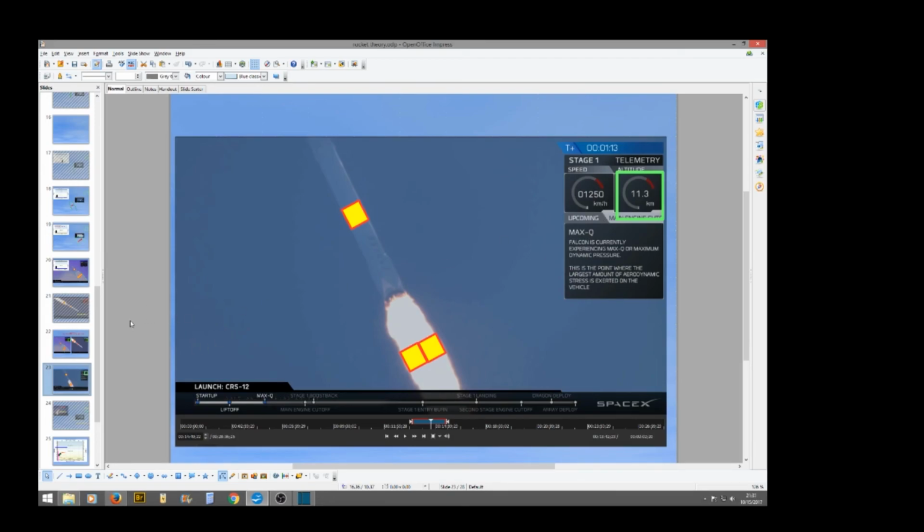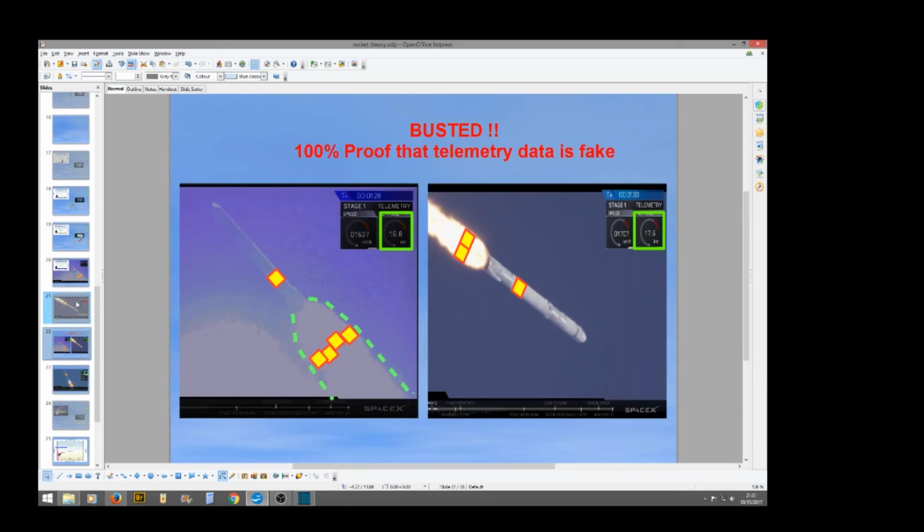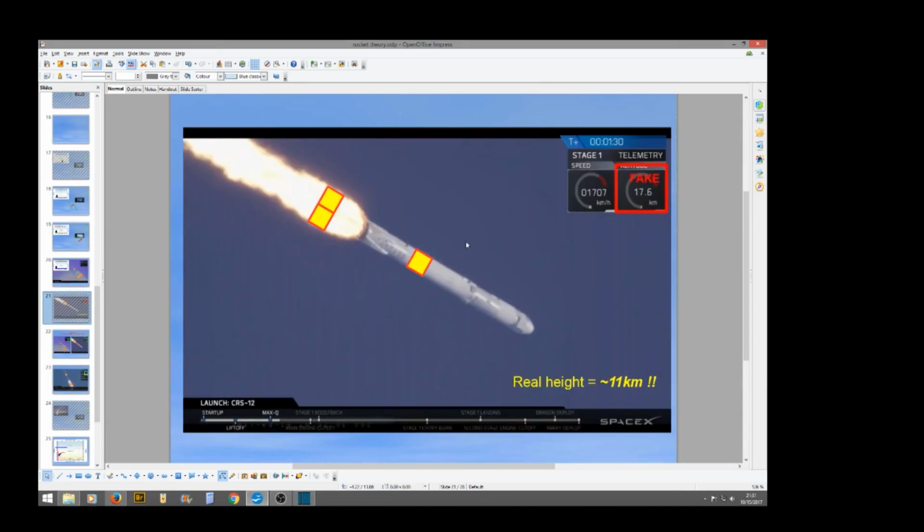What it really is, nobody knows. Only SpaceX knows it, but it is absolutely not that. So we can conclude that 17.6 is fake, but also 1707 kilometers an hour is also fake.